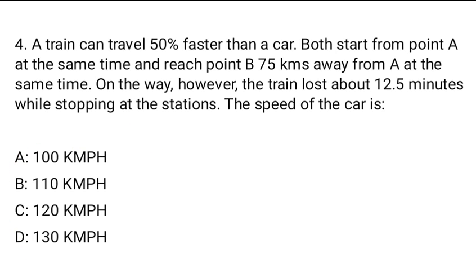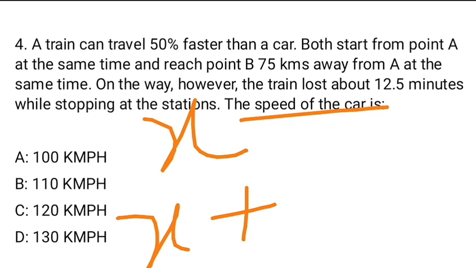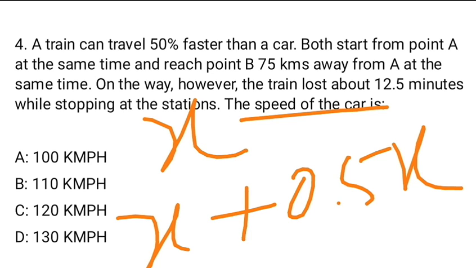See, take speed of the car as x. What they have given, a train can travel 50% faster than a car. If speed of car is x kilometer per hour, then train speed will be x plus 50% of this, that means 0.5x.